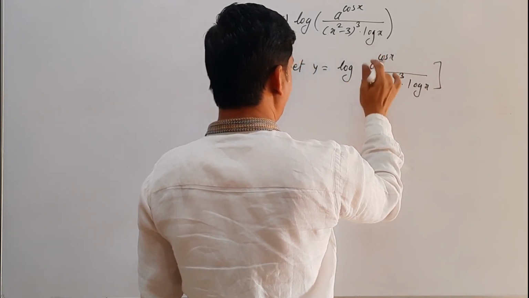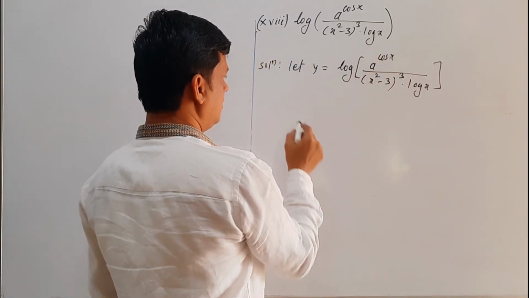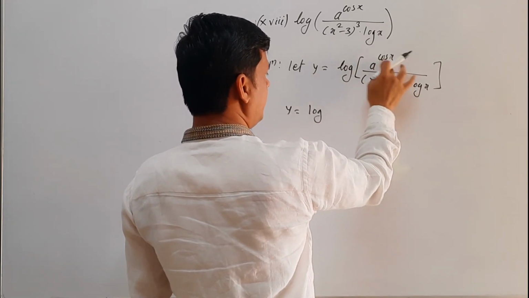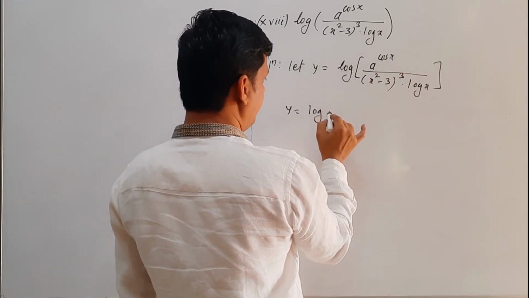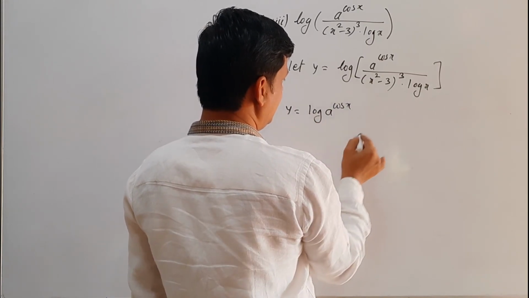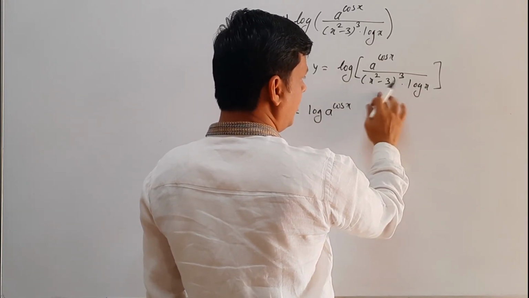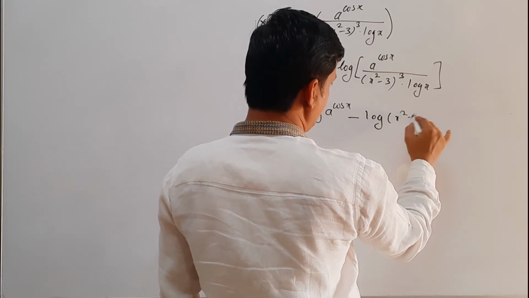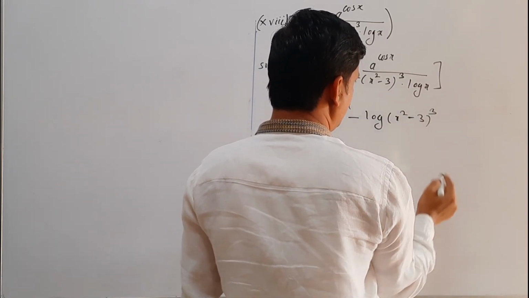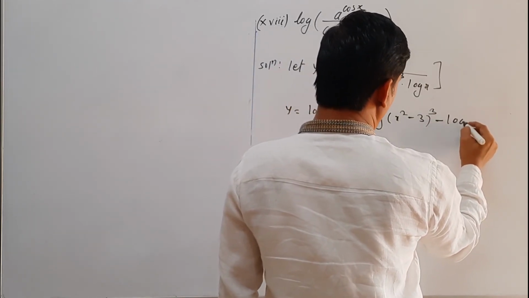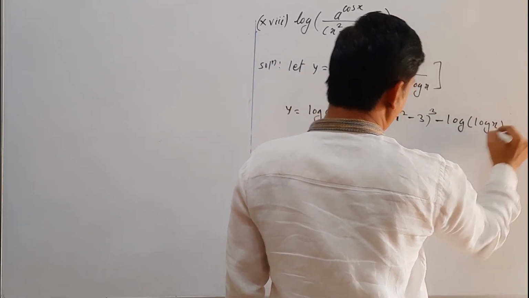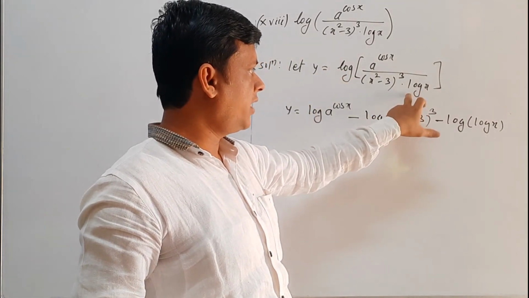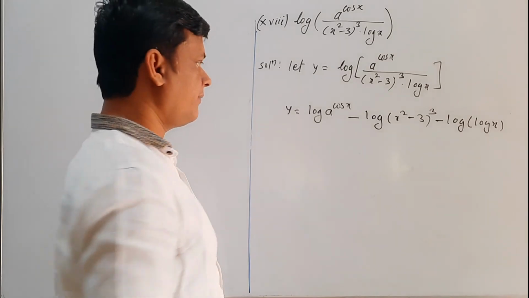Now we have to apply here property of log. So apply the property. So we write this term in numerator. So we write plus log of a raised to the power cos x. Then these two quantities are in denominator. So we write minus log of (x square minus 3) cube minus log of x, because this log is outer function and this we have to take log of x.